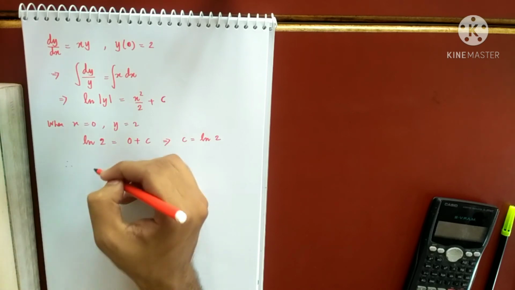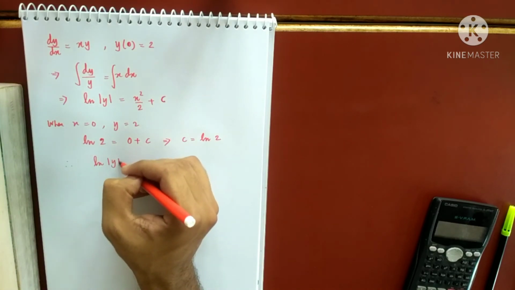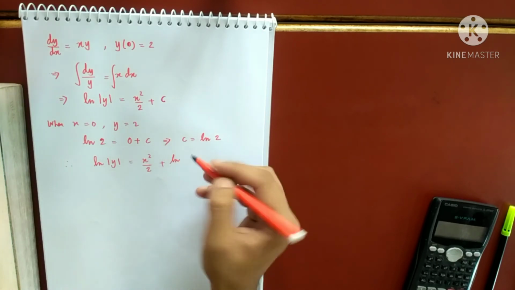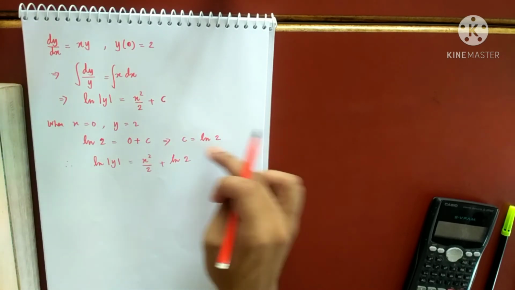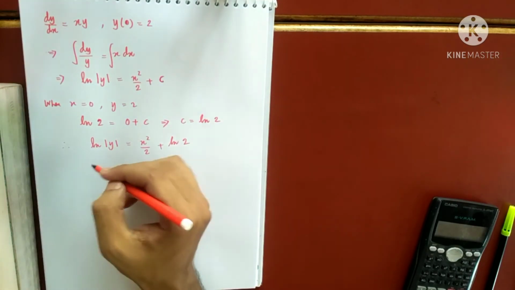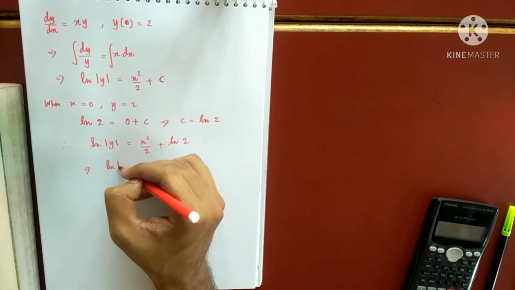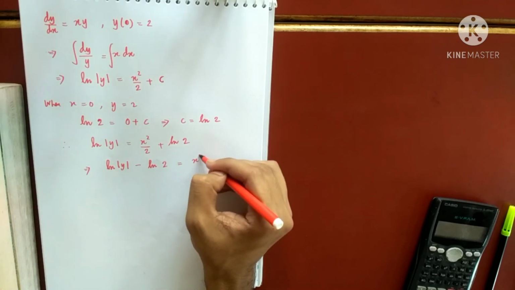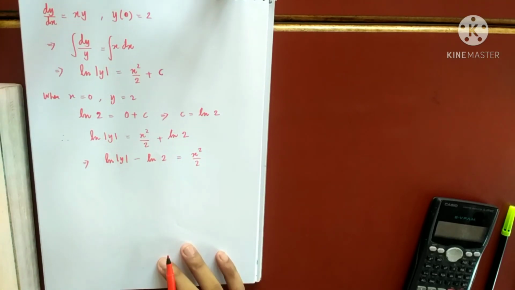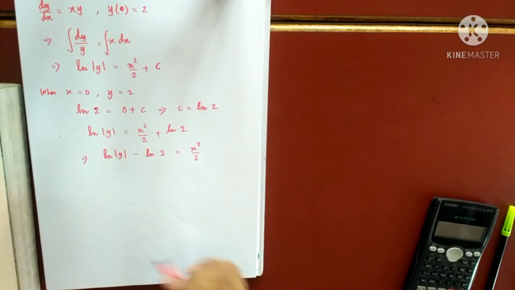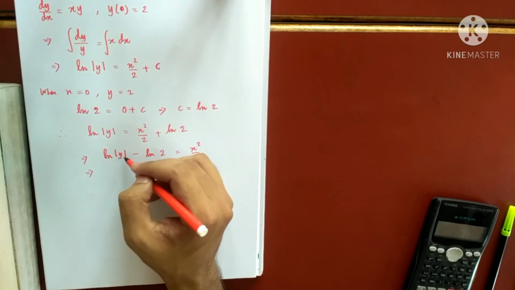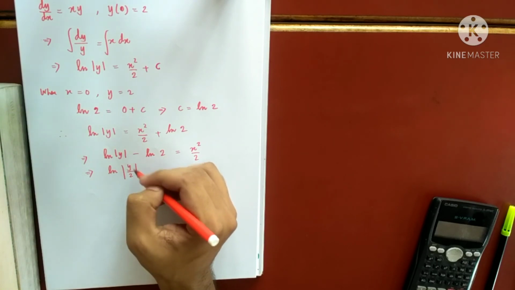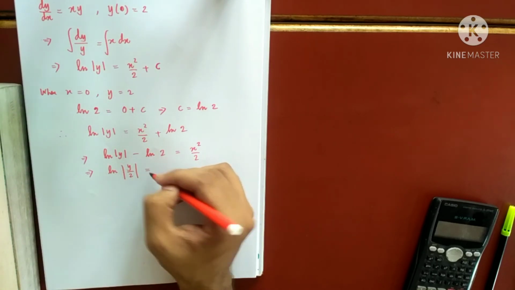Therefore, ln |y| equals x square by 2 plus ln c, where ln c is ln 2 basically. We can simplify this further: ln y minus ln 2 equals x square by 2. I hope you all know these things. Log a minus log b is log of a by b.